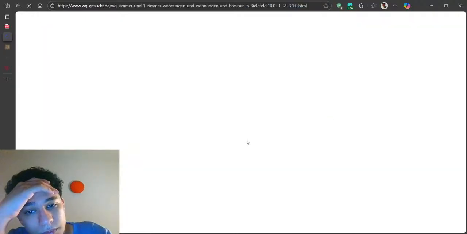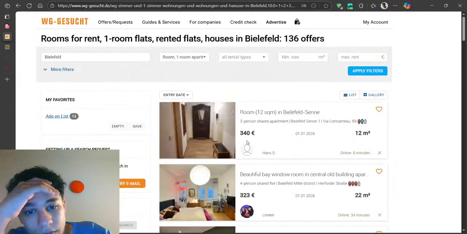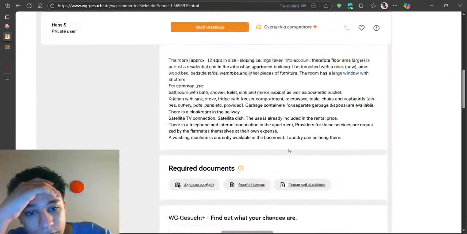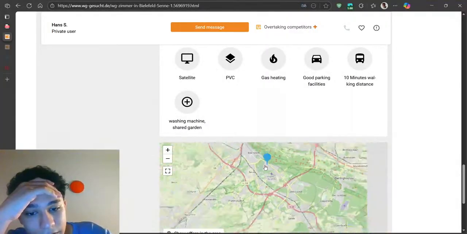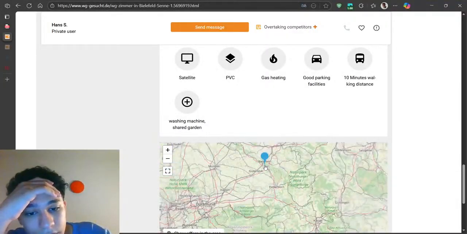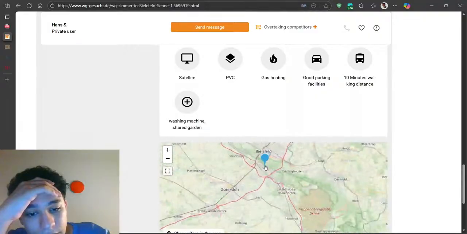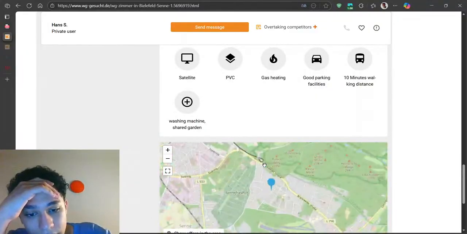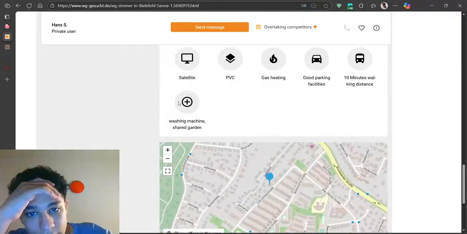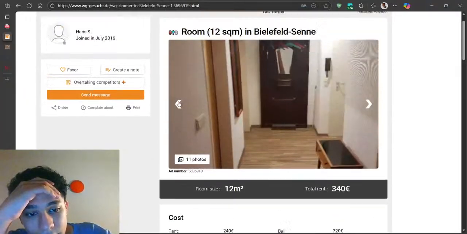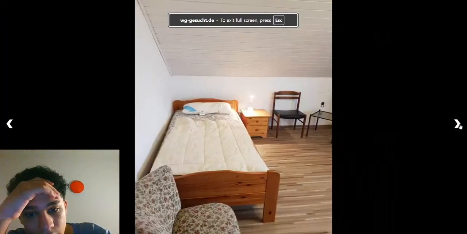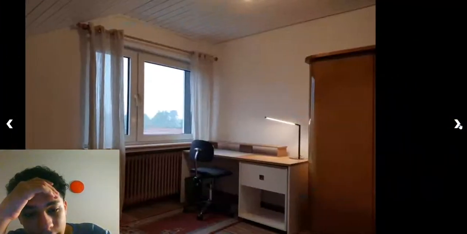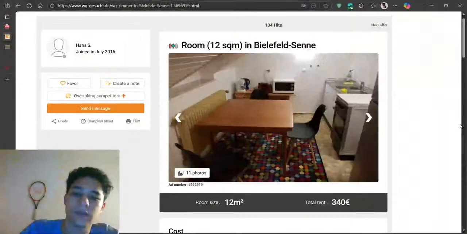Wanna search for an apartment. Where's the place? What is this? No, what the fuck? This is bad. And why is it 340? For the love of God, why is it 340? No idea.